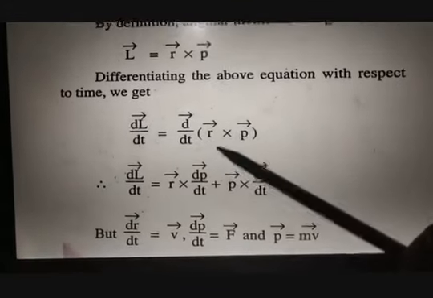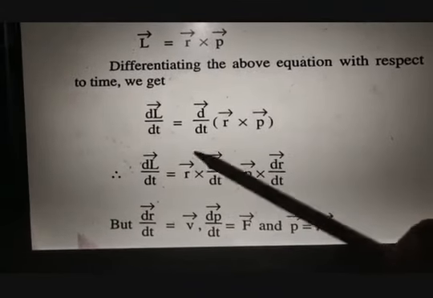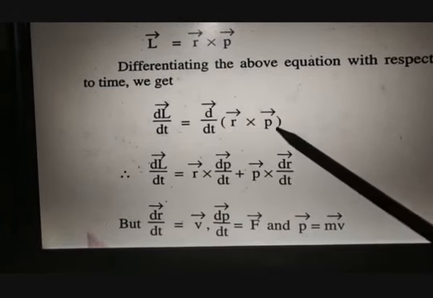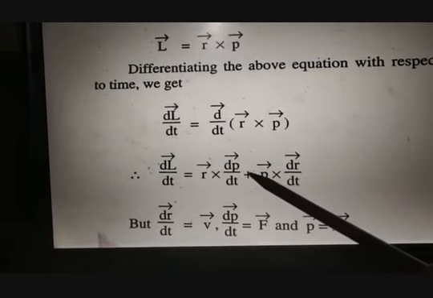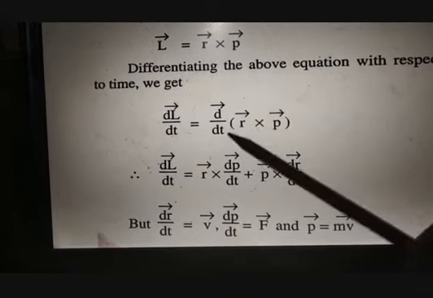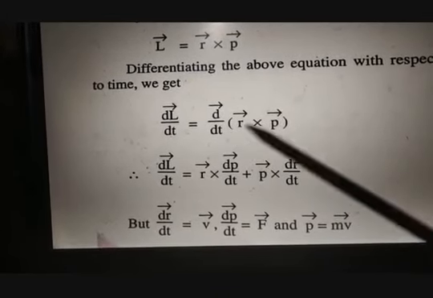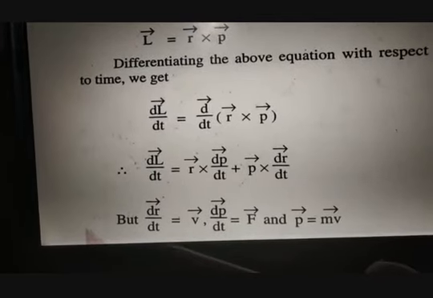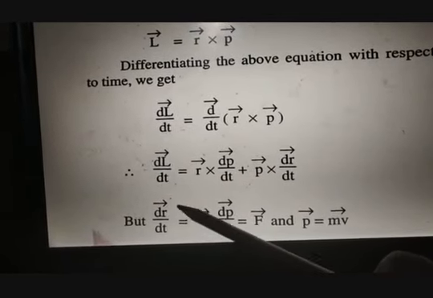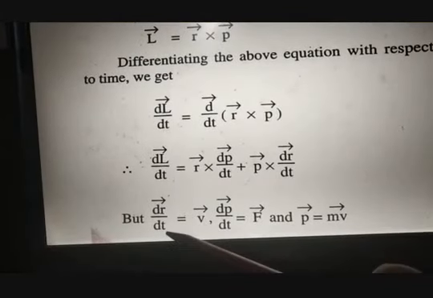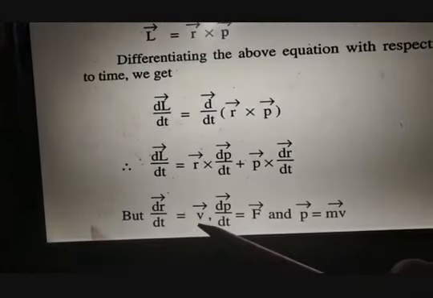Now you will use the UV rule of differentiation. So dL by dt is equal to r as it is, cross derivative of p, plus derivative of r, cross p as it is. Now, dr by dt: r is the position vector, showing displacement, and displacement over time becomes velocity.